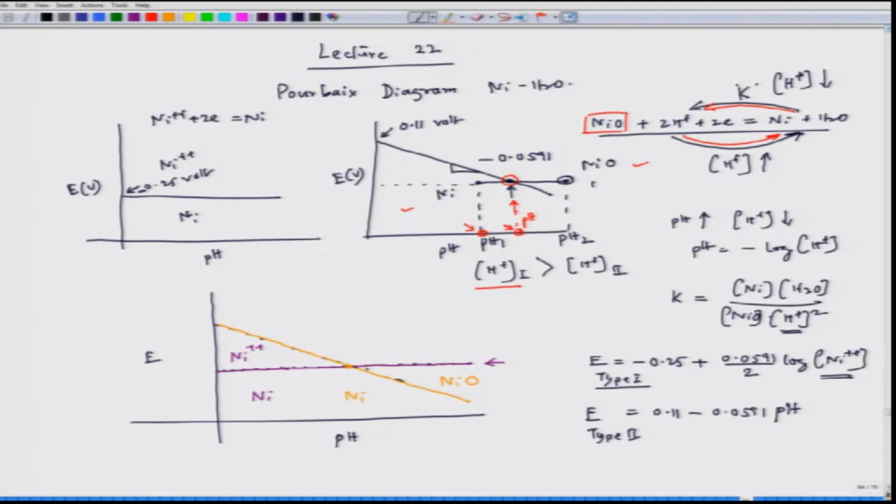Remember, for that case we have to fix certain concentration of nickel ion or activity of nickel ion. Let us say we fix this nickel ion activity to be 1, let us say. So, then this point would definitely be minus 0.25.